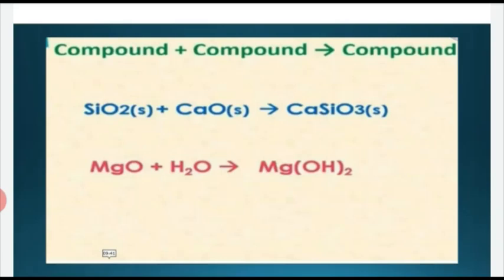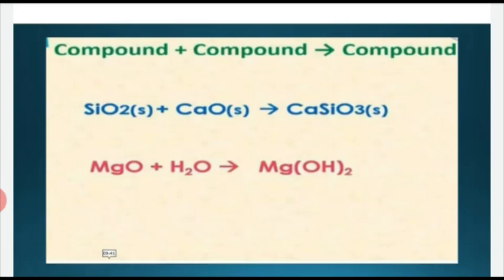In this reaction, two compounds react to form a new compound, isn't it? So first we'll see the example. First one, it is given SiO2 plus CaO which gives CaSiO3.